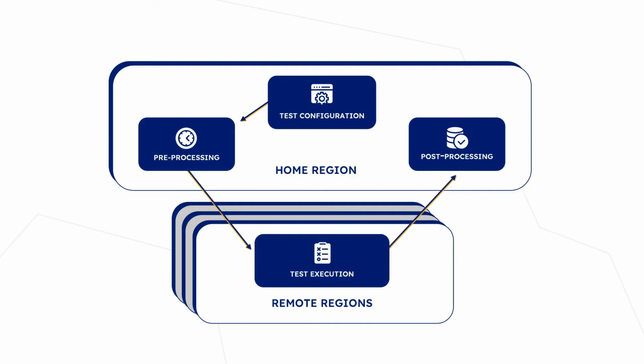The test execution needs to happen in any number of the AWS regions selected when configuring a test, so the infrastructure for that phase is set up in all other available AWS regions, which we refer to here as remote regions. Next, let's take a turn in each phase to walk through the details of a single test journey through the loop.